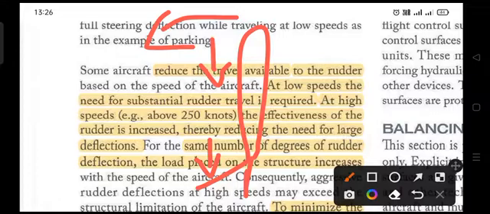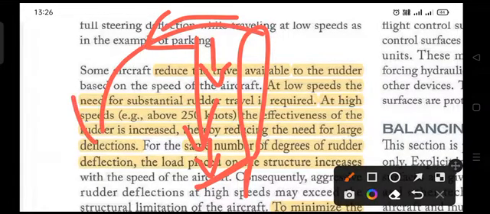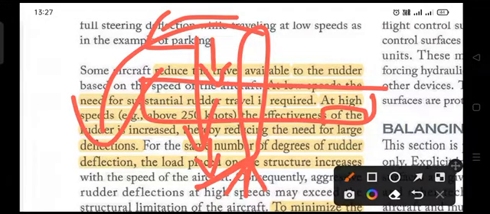But at very high speed, when the air is coming and hitting the surface and you have deflected it to a greater extent, your movement will be very sharp and quick, so that may make you skid or slip from your desired path, and the aircraft may actually lose its altitude or rather its controllability. So at high speeds the movement should be very small on both sides, whether it's the ailerons, the rudder, or the elevator, everything.